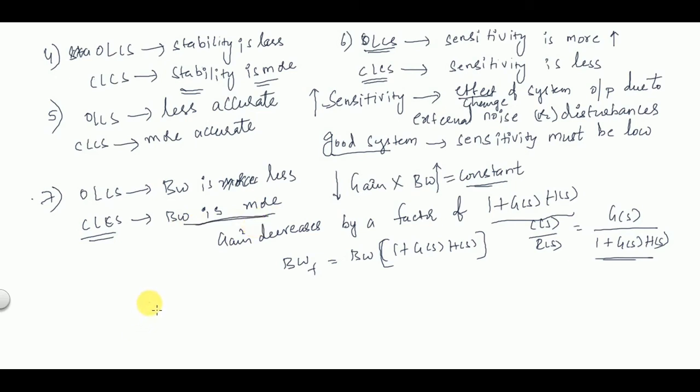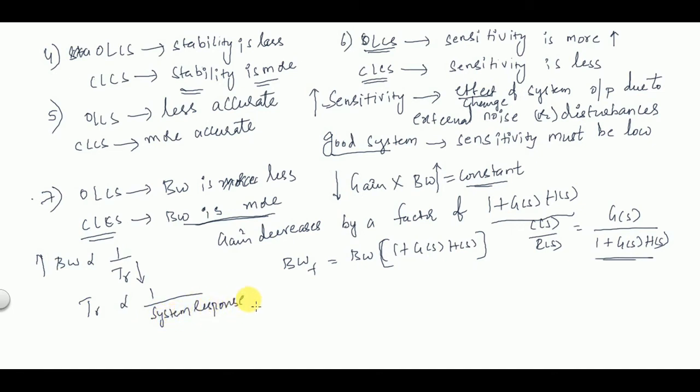So what is the advantage when bandwidth is more? We know that for any circuit, bandwidth is inversely proportional to rise time. Generally we take Tr equal to 0.35 divided by bandwidth. So in closed loop control system, when bandwidth is more, rise time is going to be less, and rise time is inversely proportional to the speed of system response.